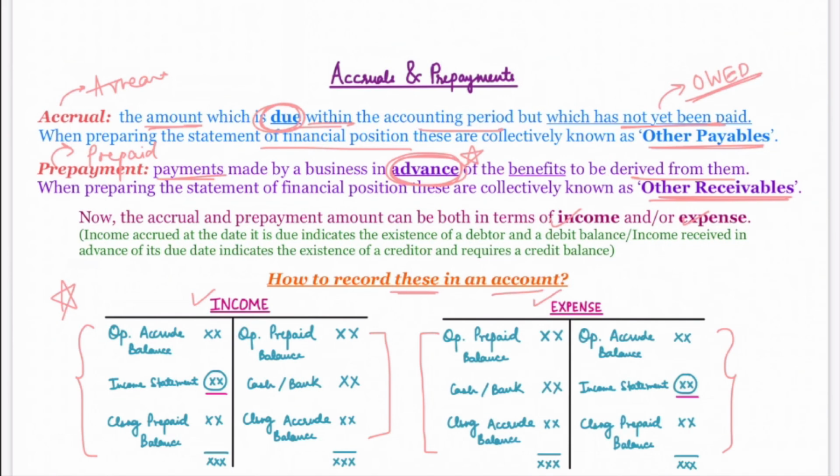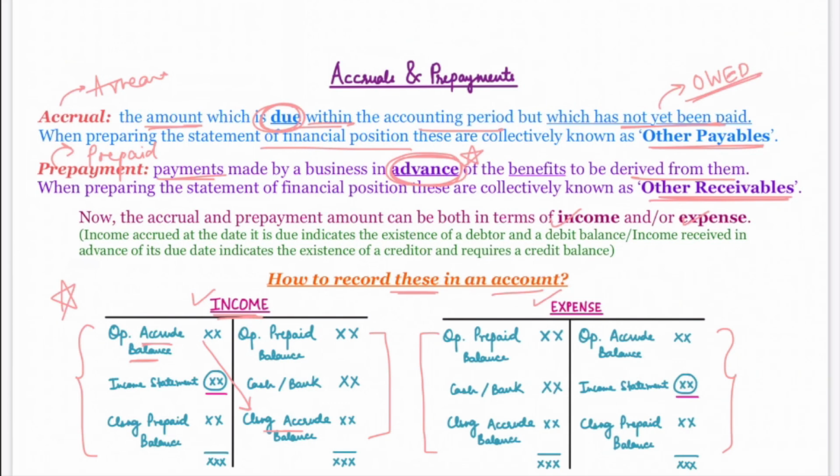Now let's see these accounts in detail. In the debit side, you have the opening accrued balance. This is the income account. So the opening balance of accrued income will come in the debit side, and on the opposite side will be the closing accrued balance. Remember it in this way only.